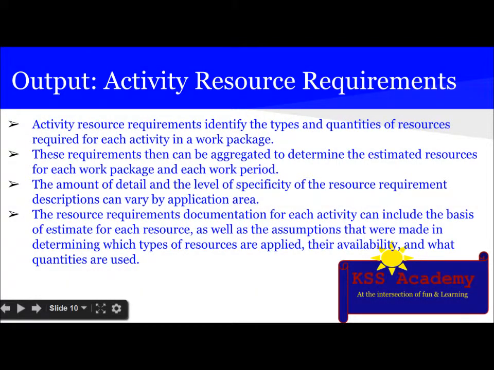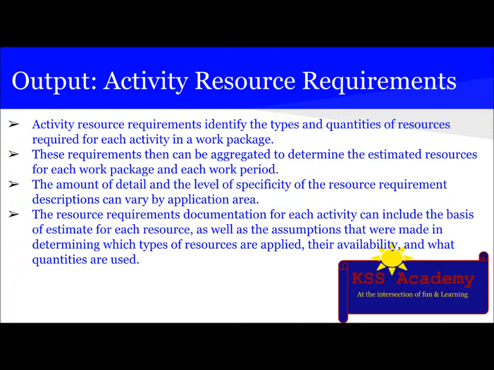The output is activity resource requirement. So let's learn about this. The activity resource requirement identify the types and quantities of resources required for each activity in work package. These requirements then can be aggregated to determine the estimated resources for each work package and each work period.